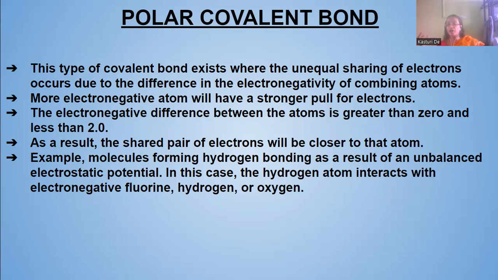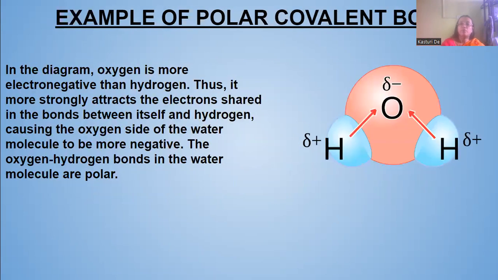The more electronegative an atom is, the more it will pull the electrons towards itself, and the stronger will be the pull. Like fluorine is more electronegative, so it will pull more electrons from hydrogen. Then hydrogen and oxygen, like that.